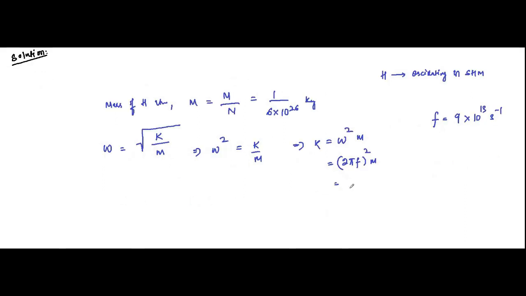Simply we have to put the values, that is 2 pi into 9 into 10 to the power 13 whole square into m, which is 1 by 6 into 10 to the power 26, and get the result. The value is coming around 533.4 Newton per meter. That is the value of the force constant K.